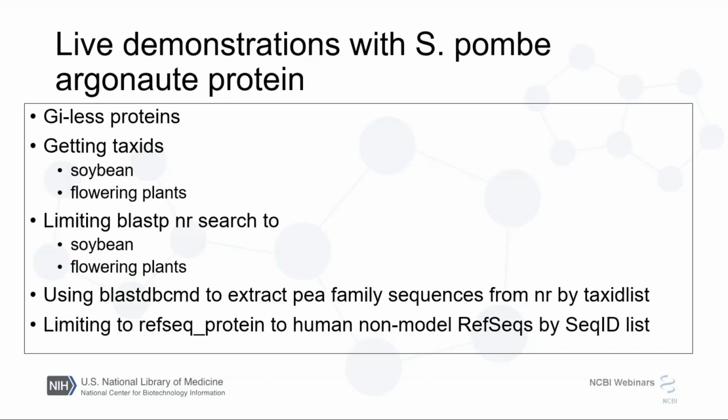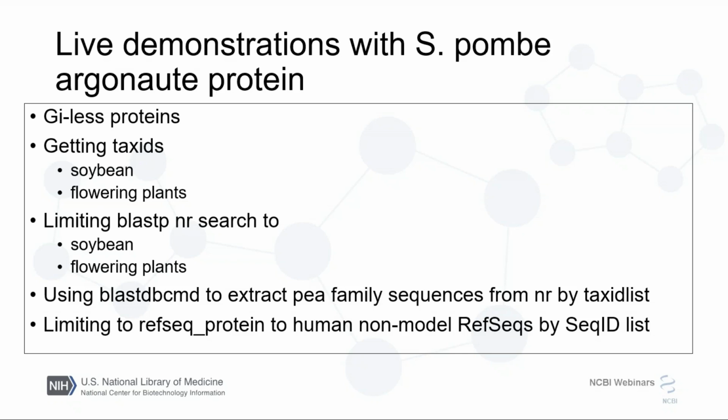Okay, so let's go back and we'll do some live demos, which is always exciting because they don't always work. Something may go wrong, but that's fine. We're going to look at a GI list protein just so you can see that these things really do exist. We'll get some tax IDs for soybean and flowering plants. And actually, I think I changed that up. I think I used the P family instead of flowering plants because that was such a large set.